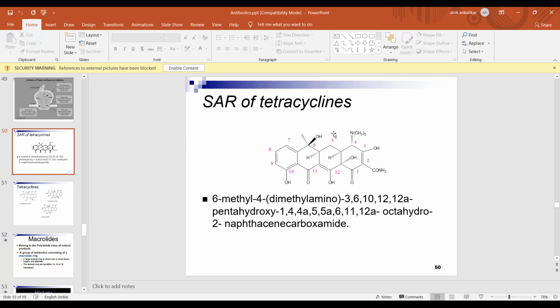Okay, so note down this structure, and you will be writing the same for SAR as well as for the stereochemistry part. Okay, we have also noted the stereochemistry part of penicillins. So take down. Tetracyclines have a complex stereochemistry.